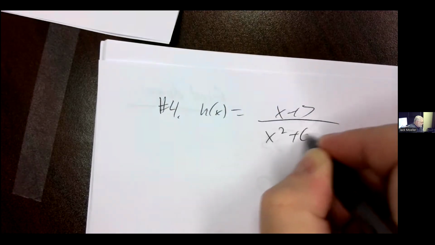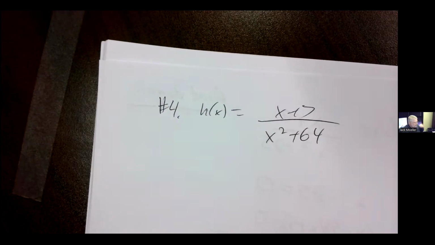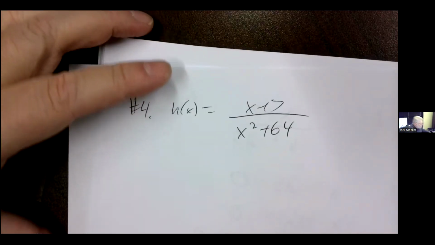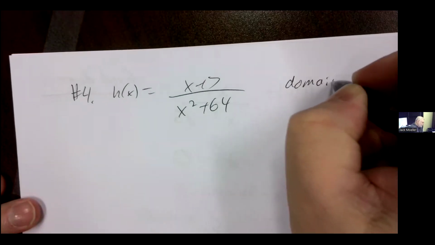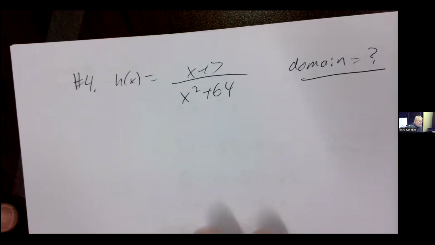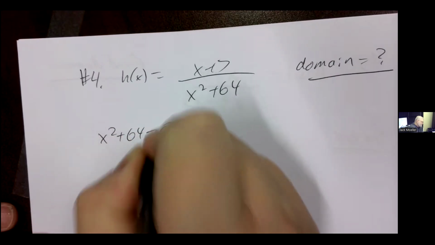Anytime I'm talking domain, in my brain I'm always linking domain and vertical asymptote automatically, because once you find the domain, you know the vertical asymptote, and vice versa. So how do we find domain? How do we find vertical asymptotes? Take the bottom, set it equal to 0, solve for x.